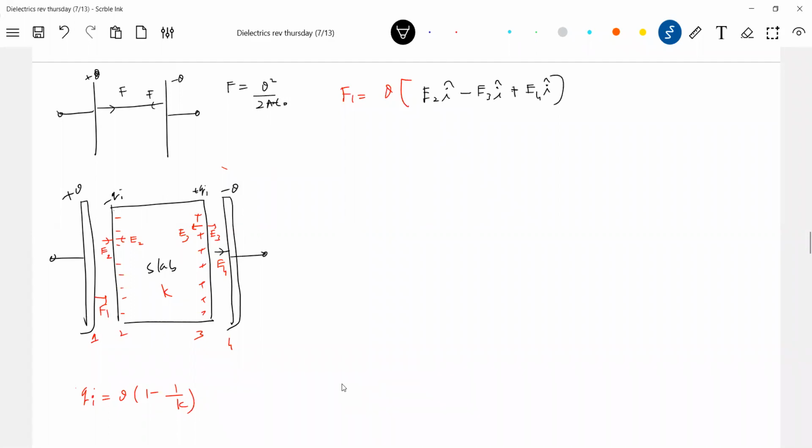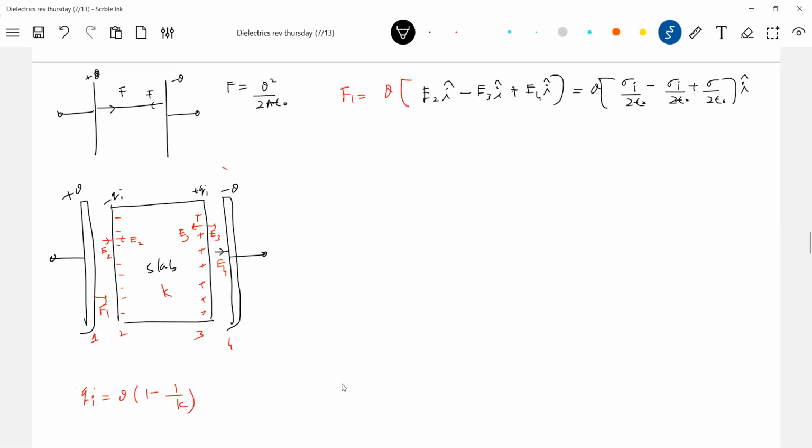Look at the directions. Okay, fine. Now write this one. What is E2? E2 should be equal to sigma i by 2 epsilon naught, minus E3 should also be sigma i by 2 epsilon naught. This should be equal to sigma by 2 epsilon naught, all together, let this be i cap.